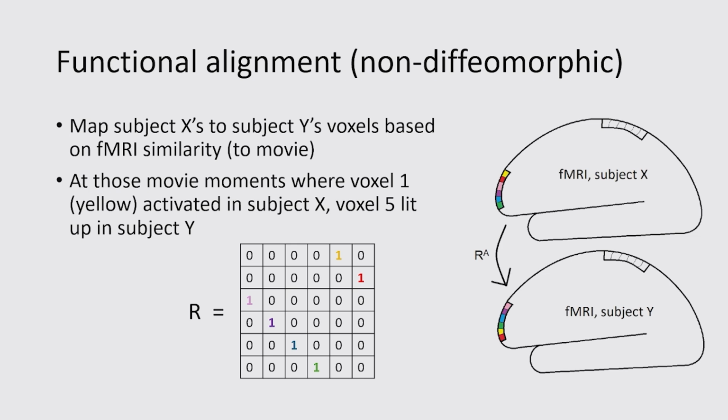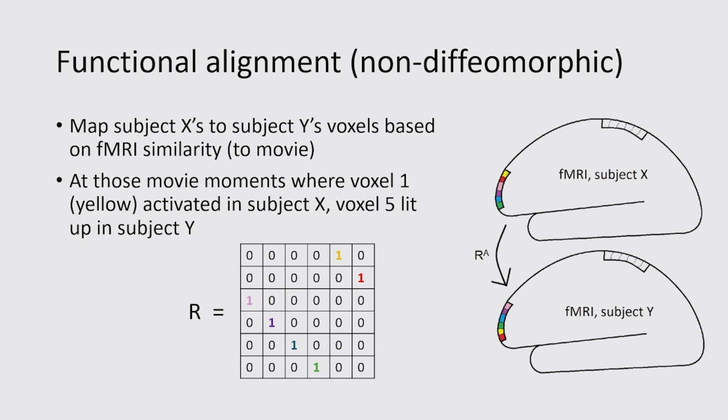So the yellow box, for example, corresponds to the moment in a movie where something particular happened, like they saw a dog. And what I want to draw your attention to is that when people saw a dog, it was the first voxel, the top voxel, that lit up in subject X, but in subject Y, it was the 5th voxel. So in a sense, you might say that these voxels are doing the same thing in the different individuals.